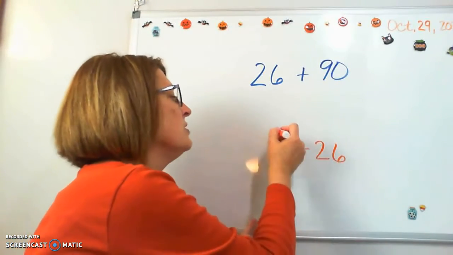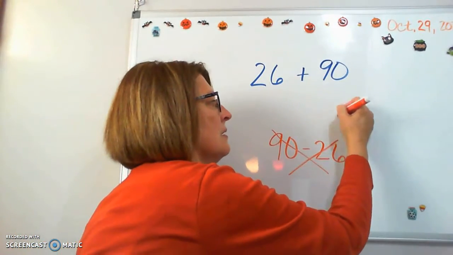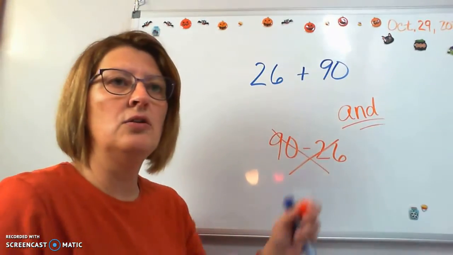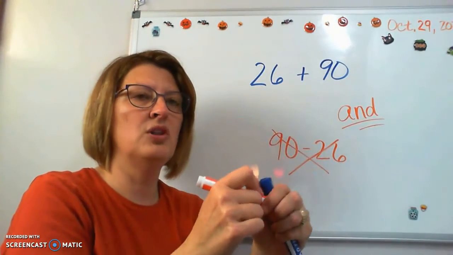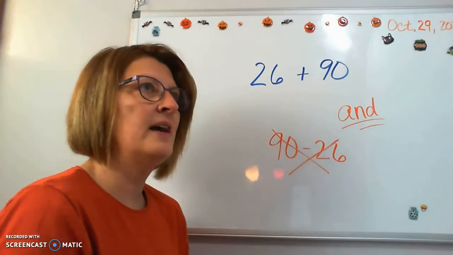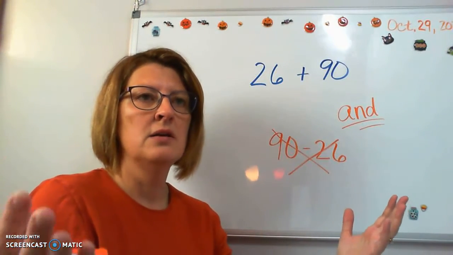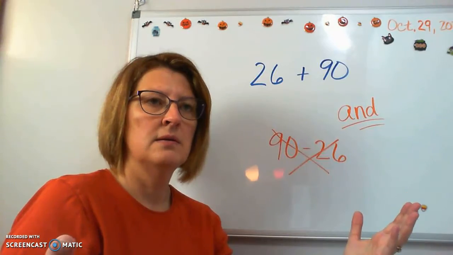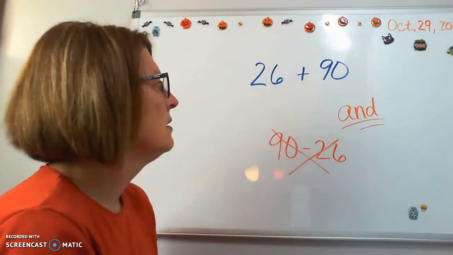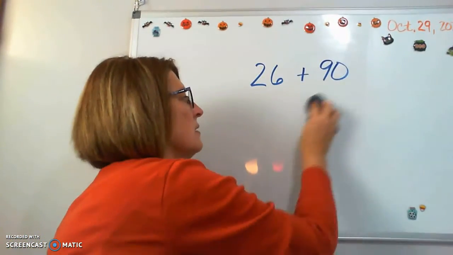All right, but you can't, because that little word and in math was telling you that you're going to combine them, put them together. So if I said he had 4 apples and 2 bananas, how much fruit, right?